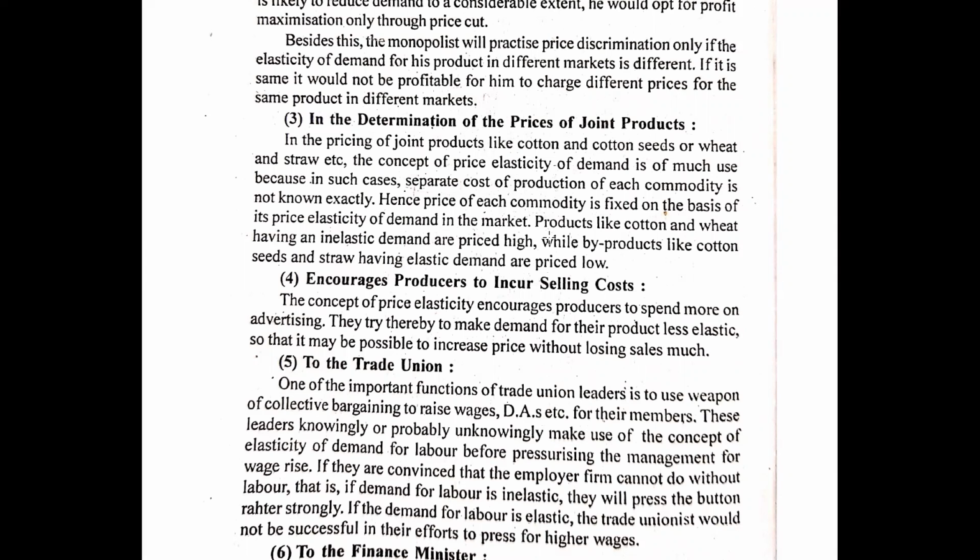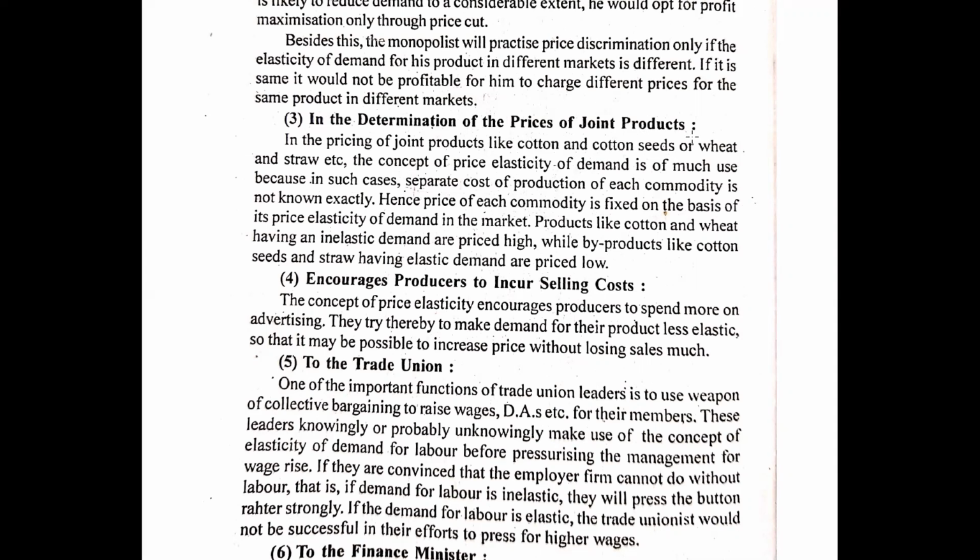Or by producing cotton, there will be seeds of cotton also. So both are sellable, both are being sold in the market. The cotton can be sold in the market, and the seeds that come out of the cotton will also be sold in the market.